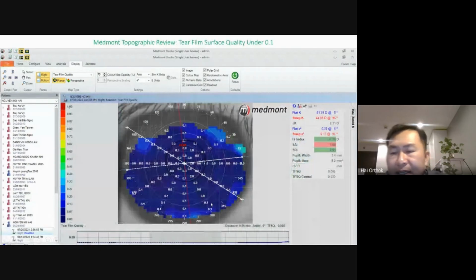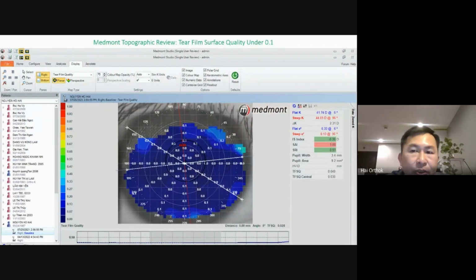Overall, if we look into the tear film surface quality, we can see good tear film on the central cornea, and very good tear film on the cornea in general: 0.049, 0.03, smaller than 0.1. So it indicates that this patient doesn't have dry eye.